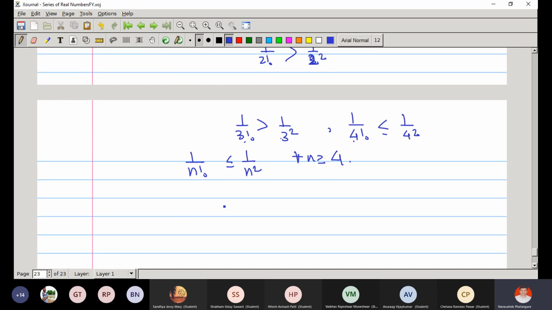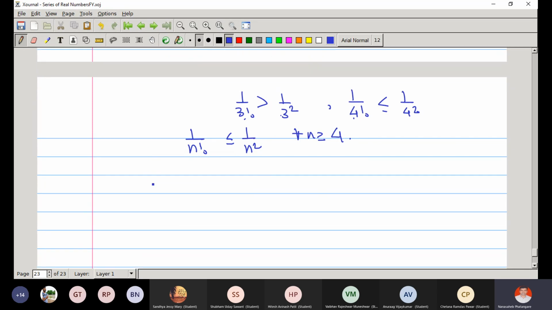By the comparison test, the first few terms don't matter. And 1 by n square is convergent. Here k is 4. From n equal to 4 onwards, 1 by n factorial is smaller. Therefore, can I say that the series 1 by n factorial is convergent?